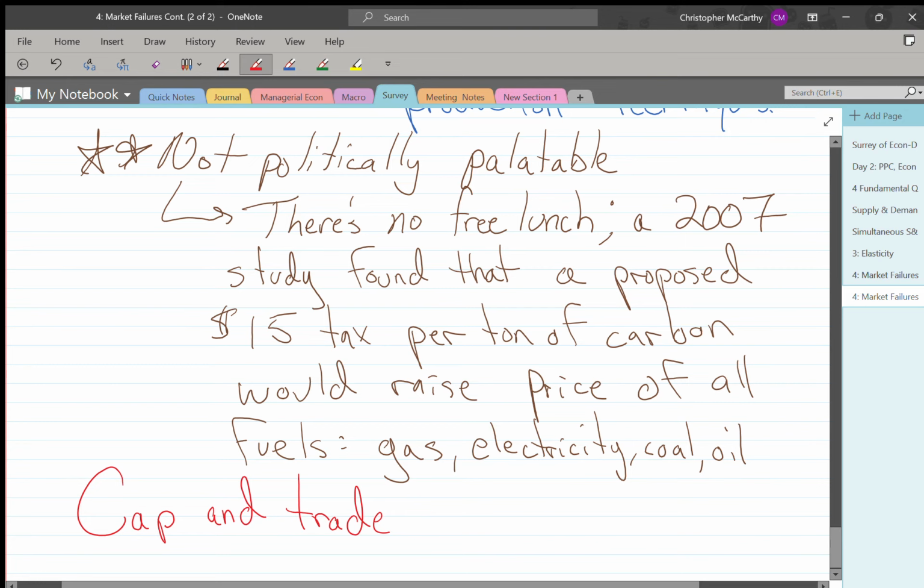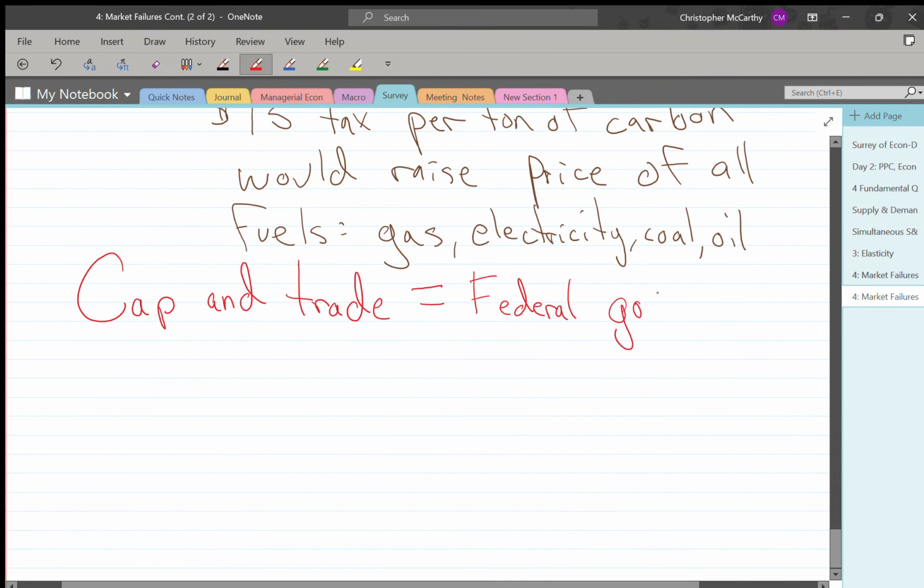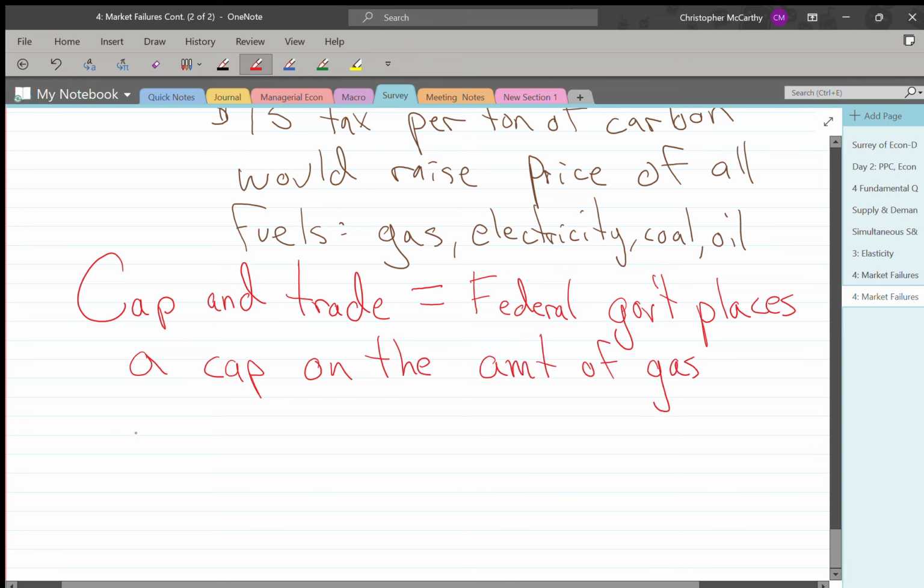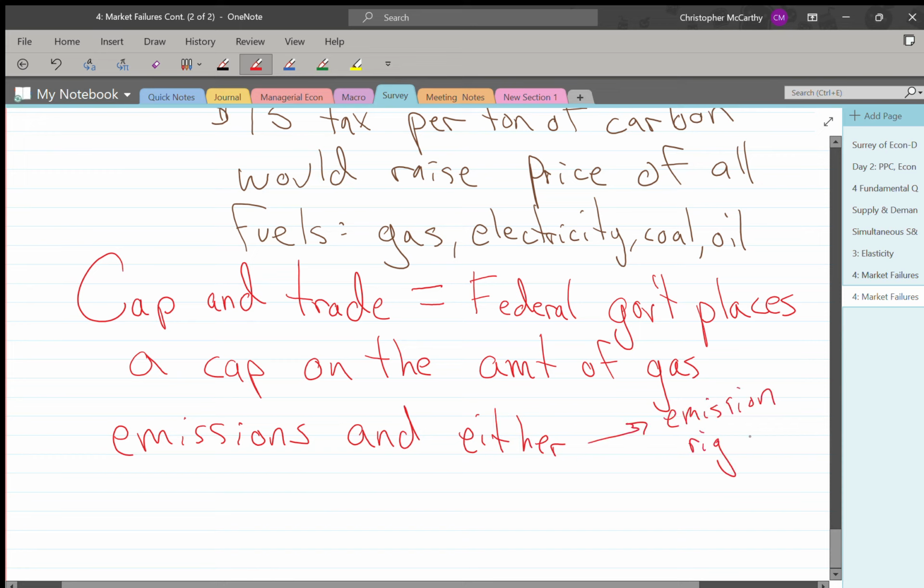So cap and trade is where the federal government places a cap, that's where the cap comes from, on the amount of gas emissions and either gives away emission rights or auctions them off.